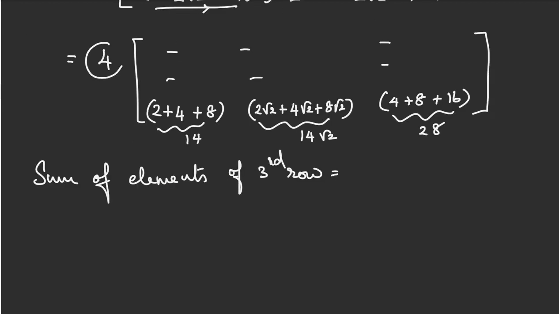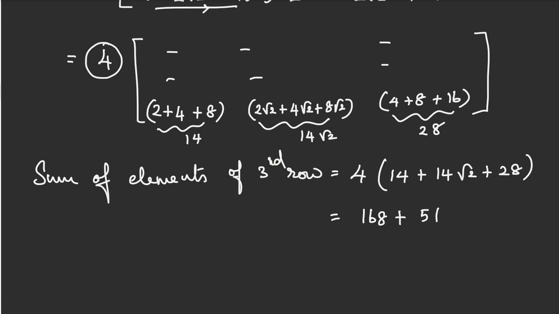That will be 4 times 14 plus 14 root 2 plus 28, which gives us 4 into 42, that is 168, plus 14 into 4, that is 56 root 2. Now compare this value with what is given in the question.